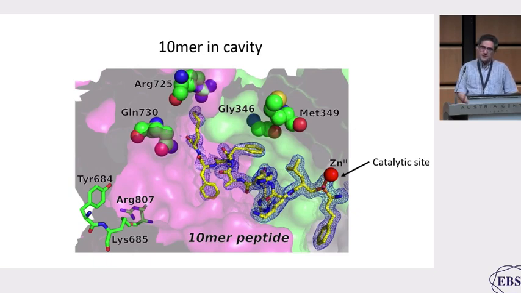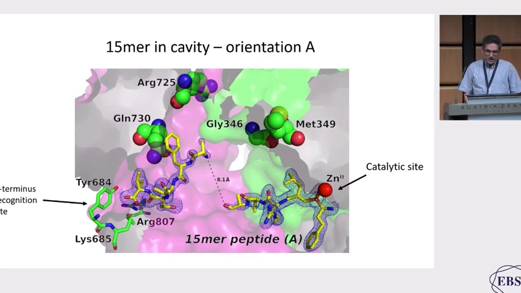When we looked at the 15-mer peptide, we had kind of a surprise. Again, on the right side, you can see the catalytic site, and the N-terminus of the peptide is stabilized there. But in the middle, there was very weak density. But then again, we could trace the density of the C-terminus of the peptide reaching out on the other side of the cavity and being stabilized with a particular set of amino acids that I'm going to talk about a little bit more later.